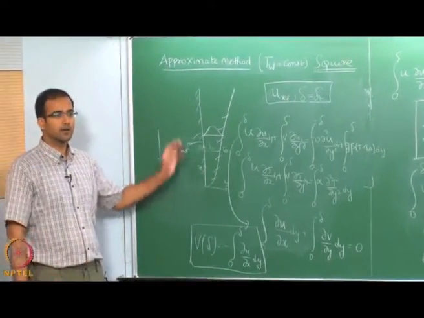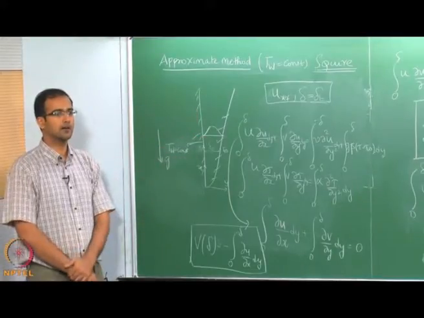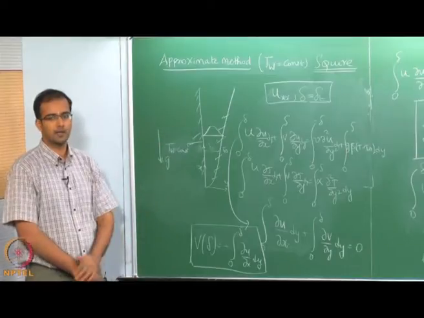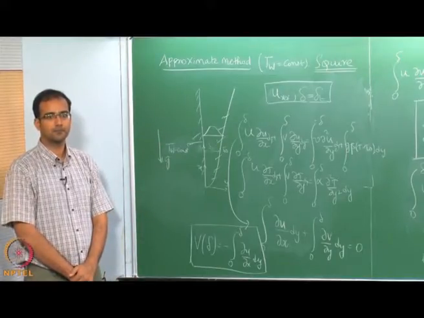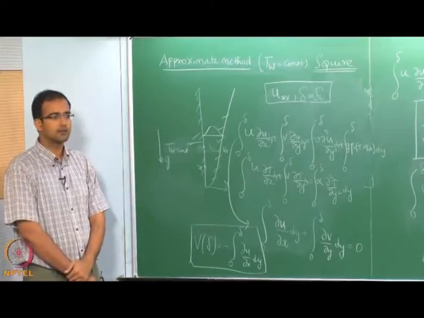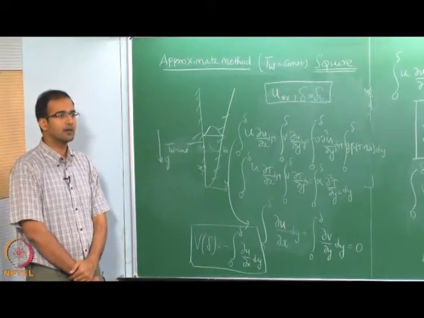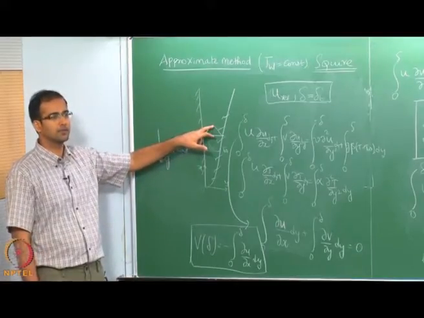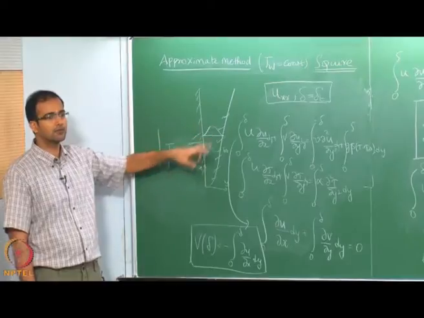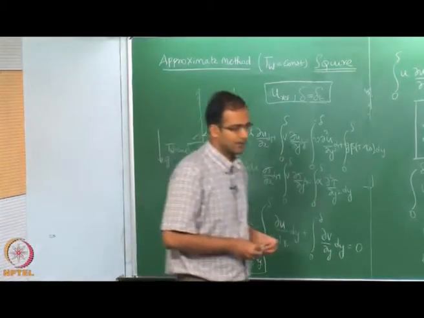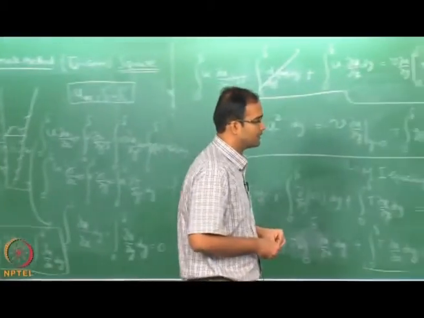So, in order to approximate this kind of a curve, what kind of a polynomial should we take? At least we should have a cubic polynomial. Whether we take linear or quadratic cannot predict this maxima here. Okay. So, we have to start off with a cubic velocity profile, and that is what Square did. So, he assumed a cubic velocity profile.